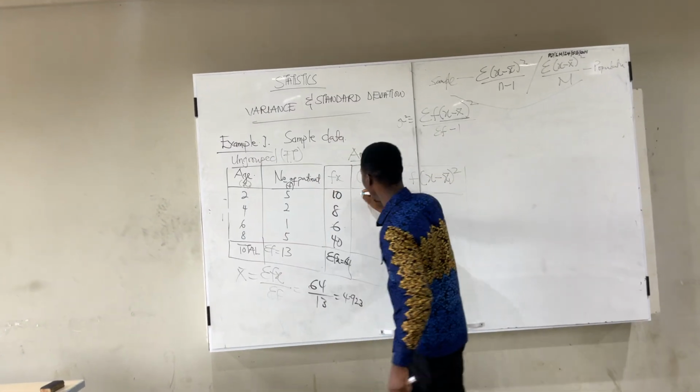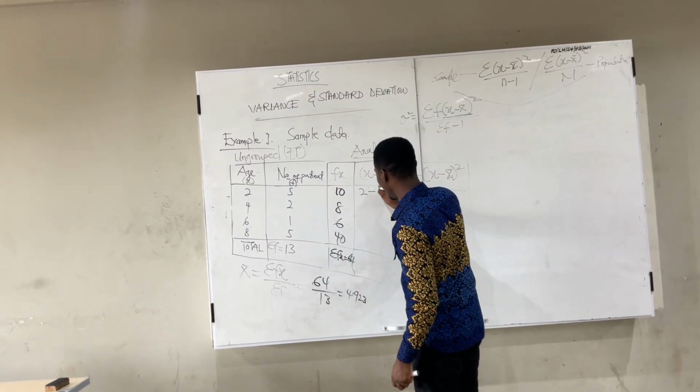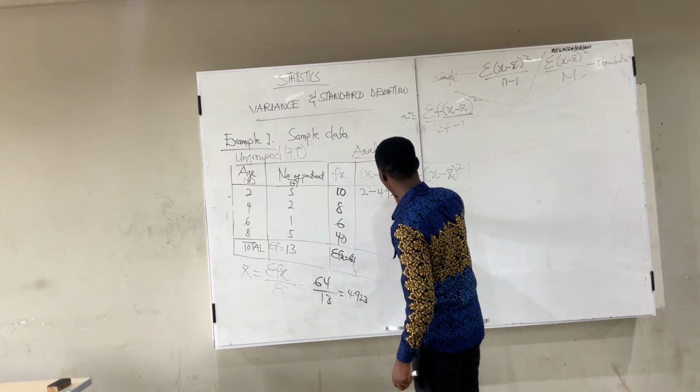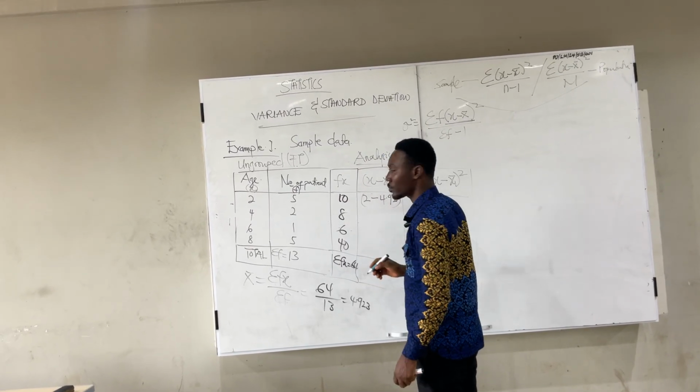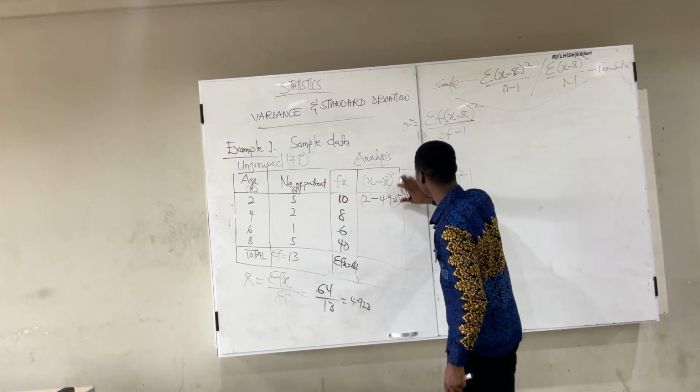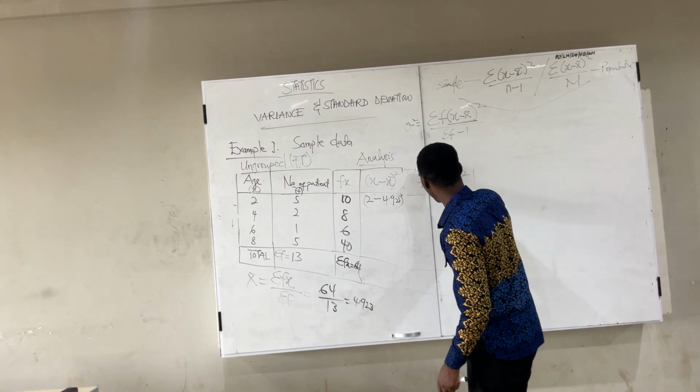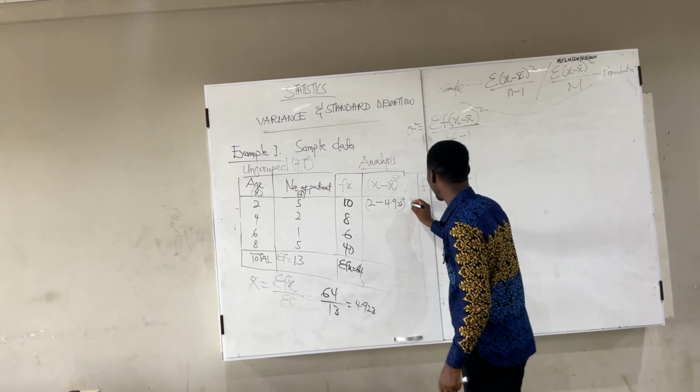So let's start over here. 2 minus 4.923 squared. Let me create more space over here so that we can write the answer.